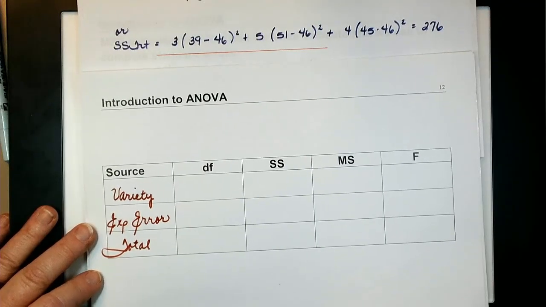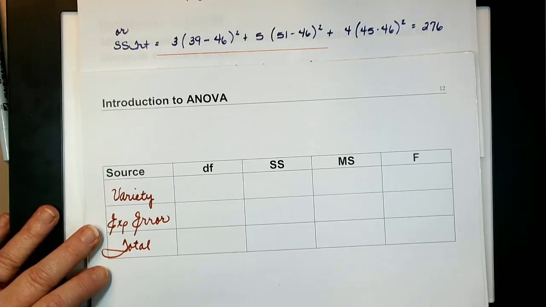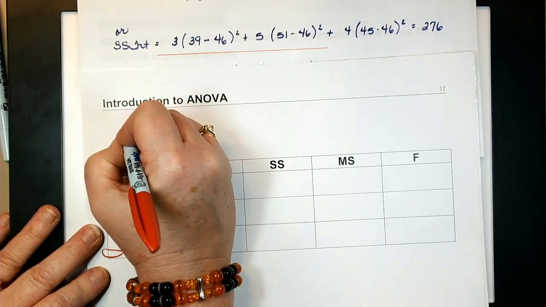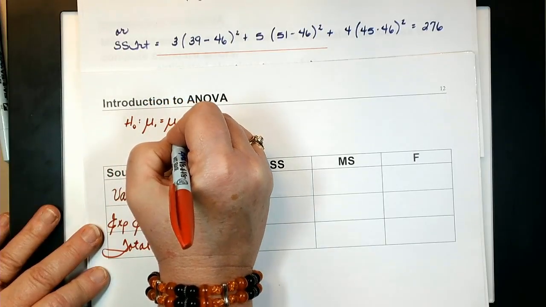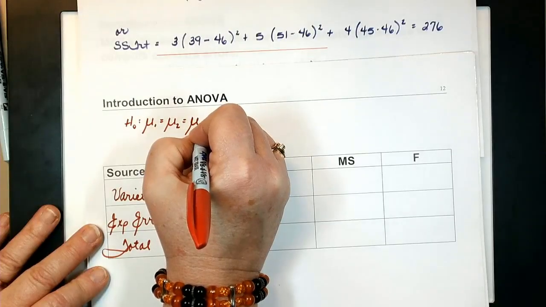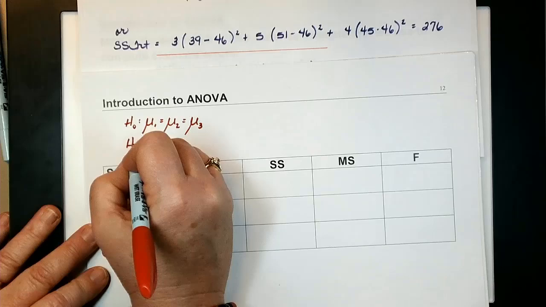So for this application, what is our variety degrees of freedom? Well, what is it we're testing? We're testing the equality of 3 means, and all it takes is for at least one of those to be different.